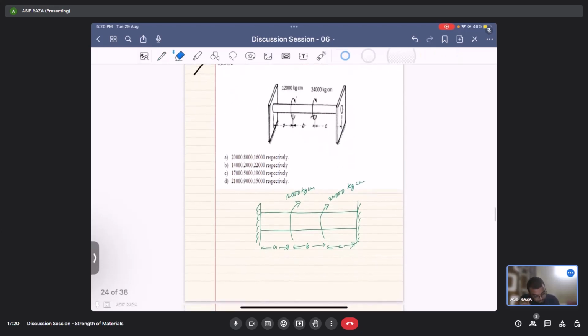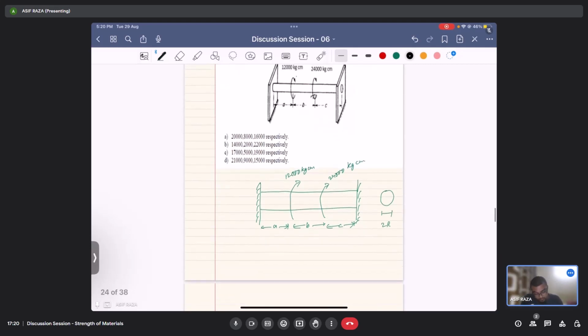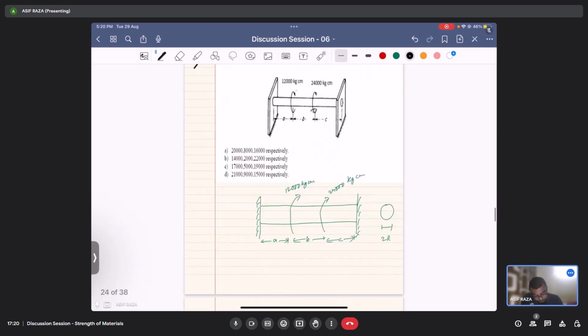Shaft radius is 2r. So first things first, draw the end moments or the resisting torques developed in this system due to these applied twisting moments. So let us write at this end as TA and this end as TB.